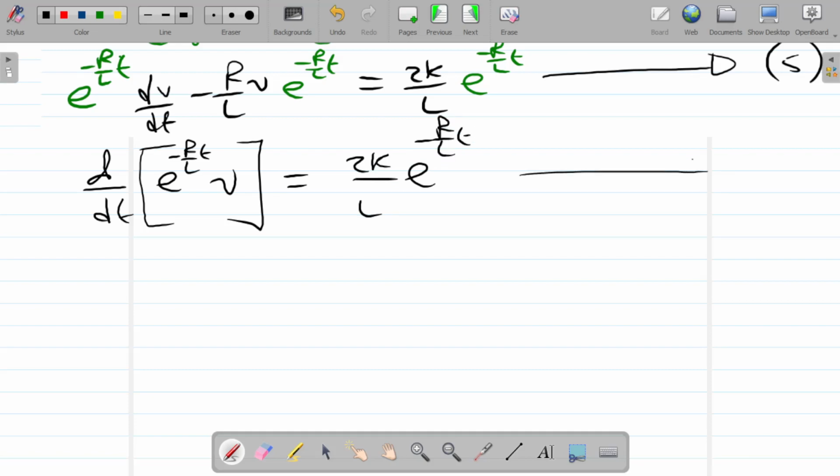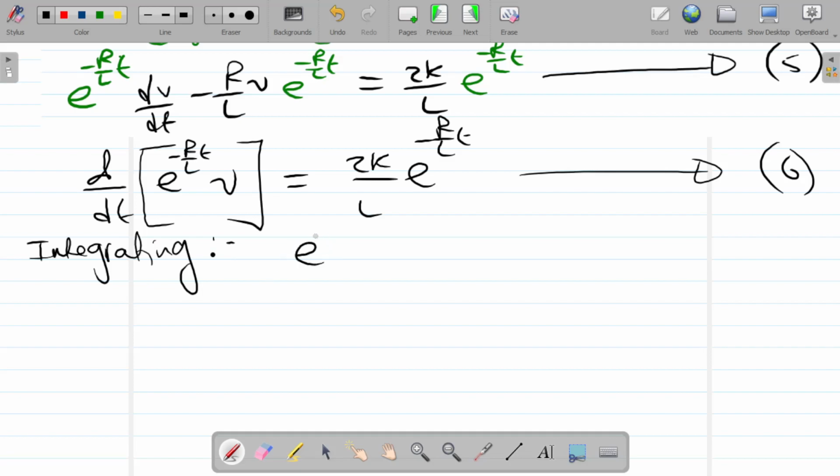We'll call that equation 6. So integrating both sides, we get, I'm going to write it here to save space.